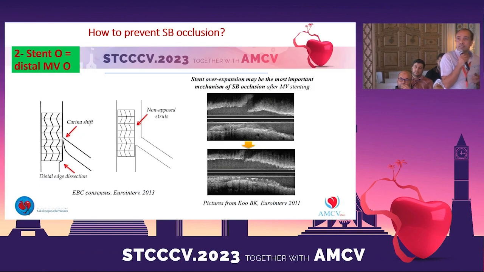The second step is to choose the stent diameter according to the distal main vessel and not the proximal main vessel to prevent carina shift, because stent overexpansion is the most important mechanism of side branch occlusion after main vessel stenting.